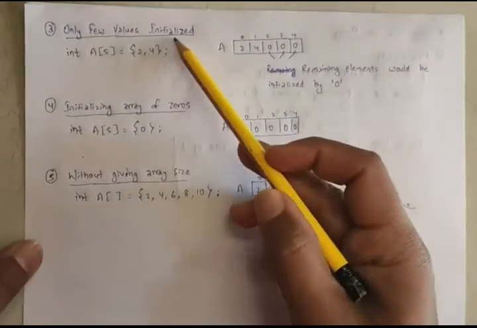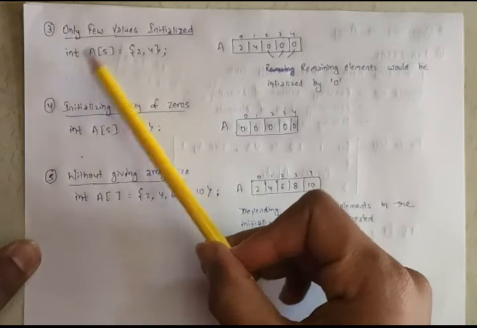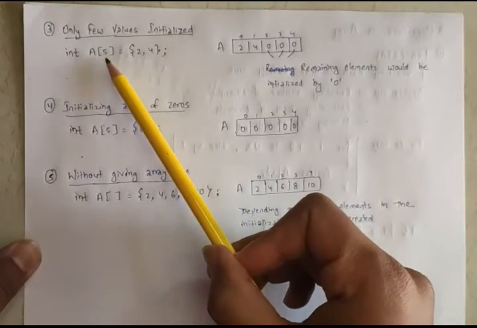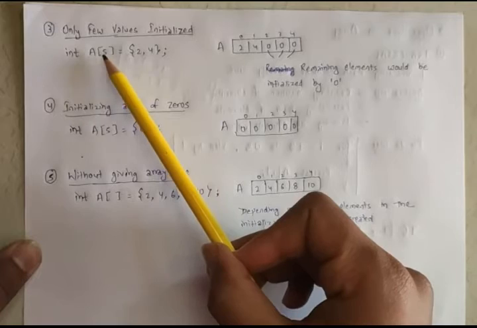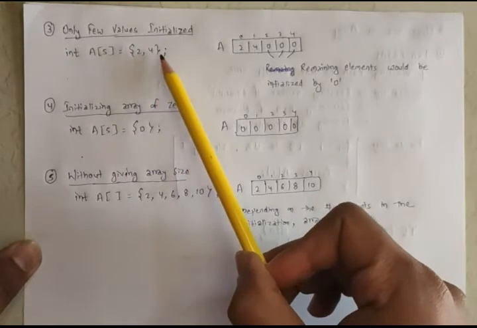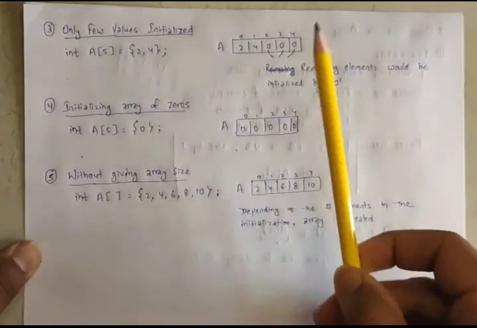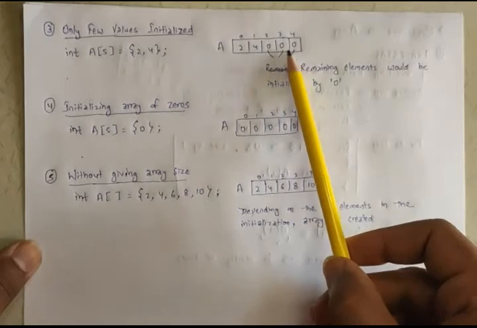This is the third thing. Let's suppose we declared and initialized the array of size 5 and only initialized it with 2 values. What would be done for the rest of the spaces? In this case the remaining elements would be initialized by 0.